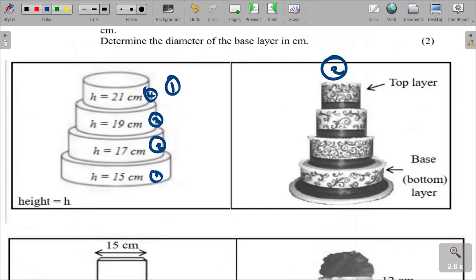For the cylindrical cake that you can see there, we are adding all these layers.